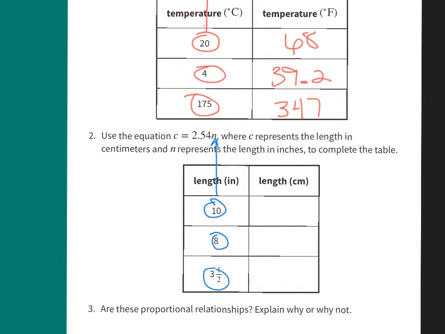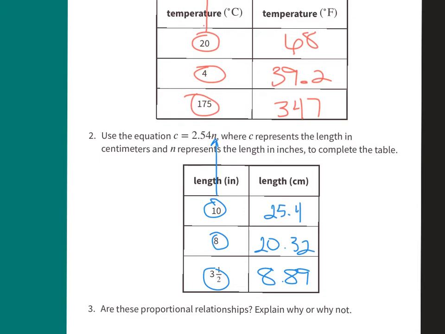So 2.54 times 10 is 25.4. 8 times 2.54 is 20.32. And 3.5 times 2.54 is 8.89.